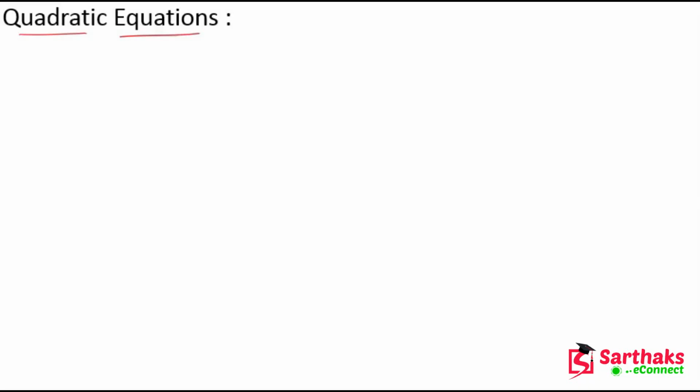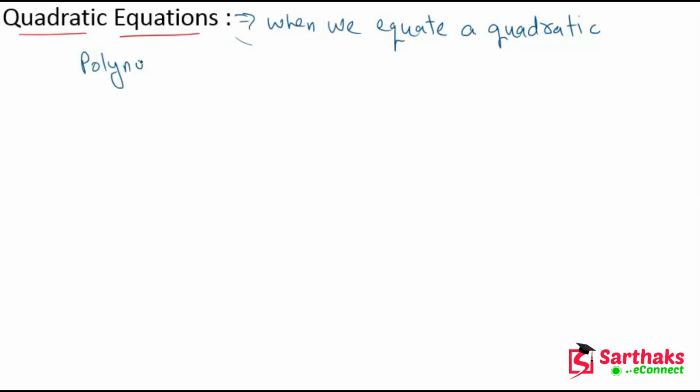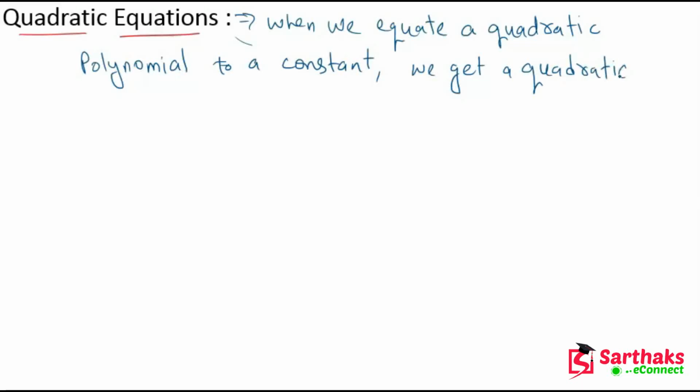When we equate a quadratic polynomial to a constant, then we get a quadratic equation.